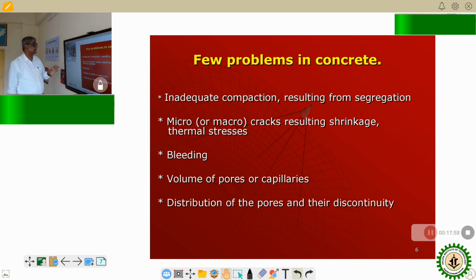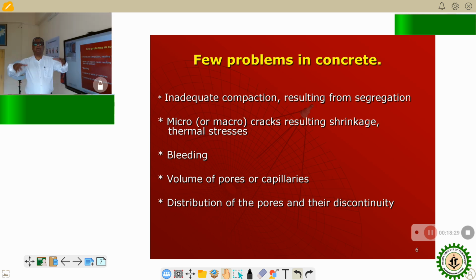Now you see, these are the few problems. Inadequate compaction resulting from segregation. If the particles are segregated or the compaction is not proper, you won't get the result which you are expecting. Similarly, microcracks resulting from shrinkage and thermal stresses are not expected. Bleeding, you all know that if the bleeding is occurring, then that is not good for concrete.